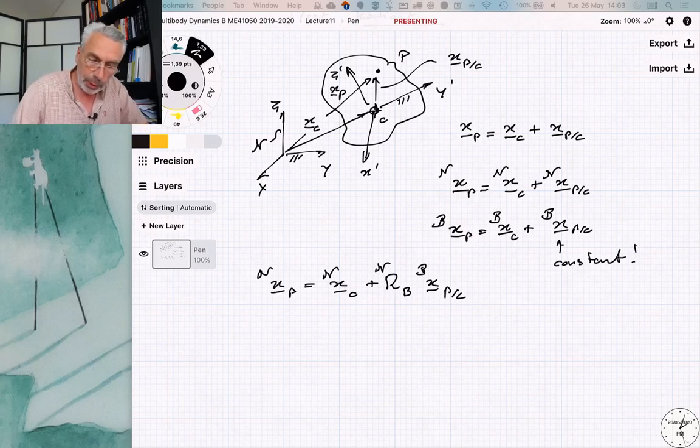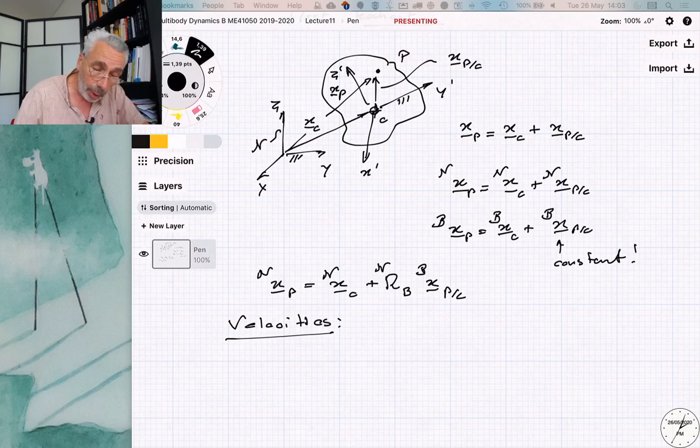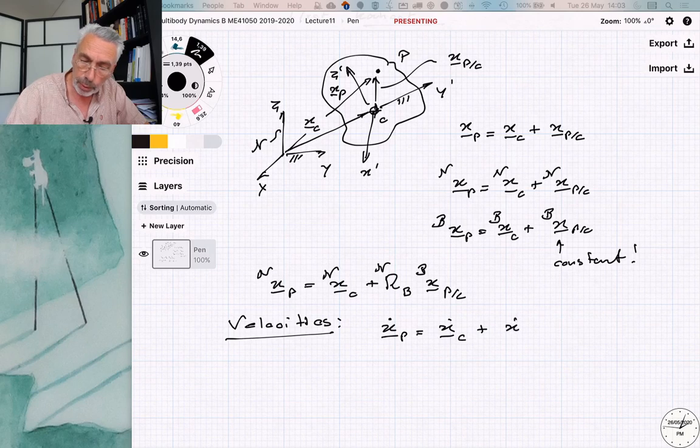Okay, velocities. So this was all positions. What can we say about velocities? Well, actually that's not so hard. We just take our vector expression and then we just put a dot on top of it. So x dot of P is x dot of C plus x dot of P with respect to C. So nothing changed there. However, I would like to use the component expression. So I take this one and differentiate with respect to time, right?